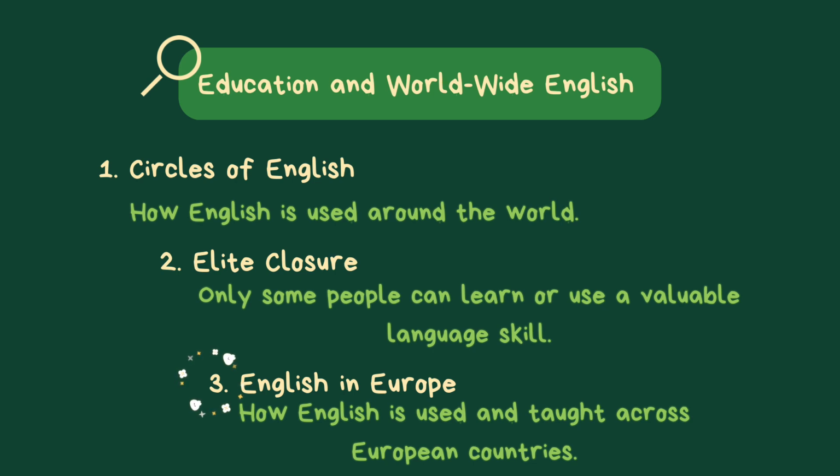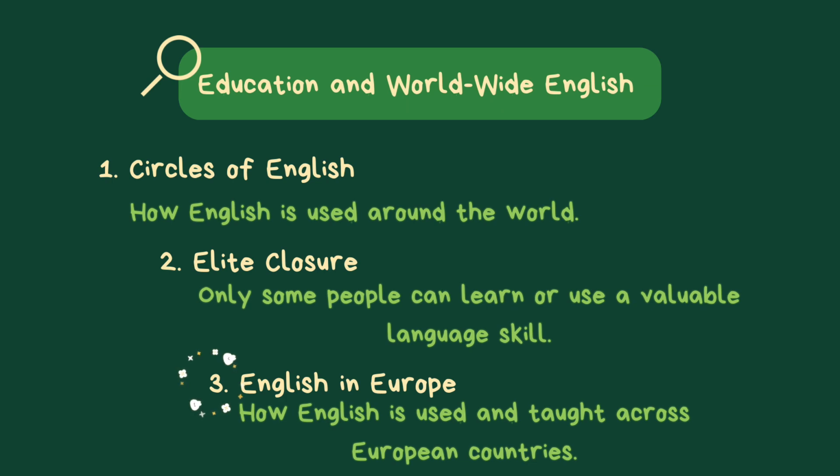In Europe, English is widely taught as a foreign language in nearly all countries. English has gained importance in Europe partly due to the European Union's policy of promoting multilingualism to facilitate easier communication among its citizens.